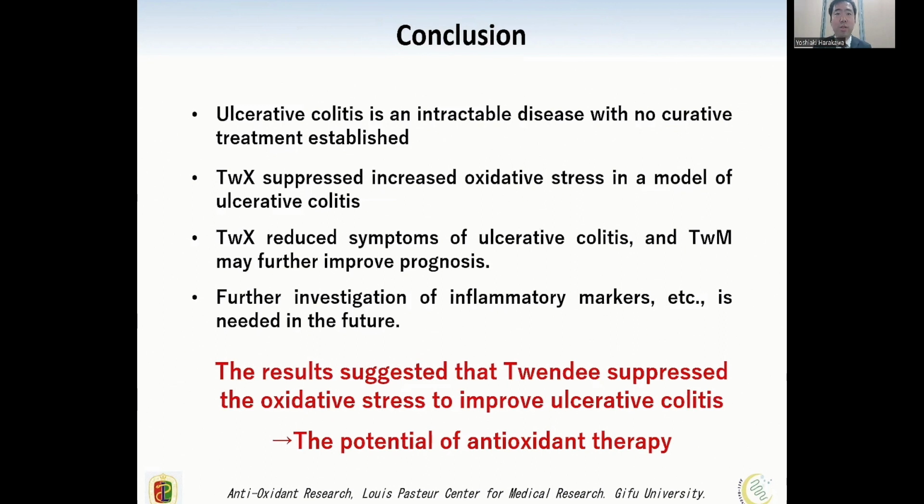However, in order to investigate the mechanism of action that led to this result, further study of inflammatory markers is needed in the future. The results suggest that 20X suppressed the oxidative stress to improve ulcerative colitis and showed the potential of antioxidant therapy for ulcerative colitis.